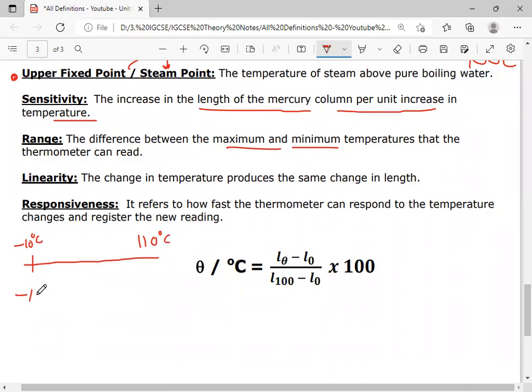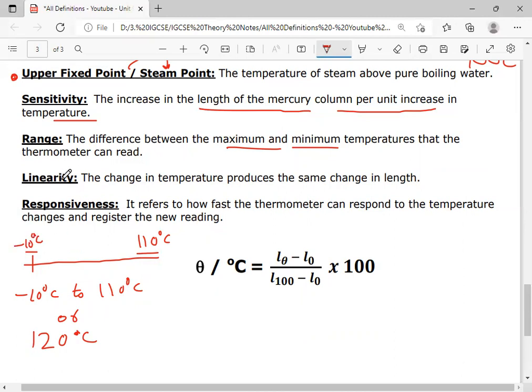You can write the answer as minus 10 degrees Celsius to 110 degrees Celsius, or you can write the answer as 120 degrees Celsius. There is no need to subtract them, because the negative sign shows that the temperature is below the ice point. So you will add up these two values excluding the negative sign.